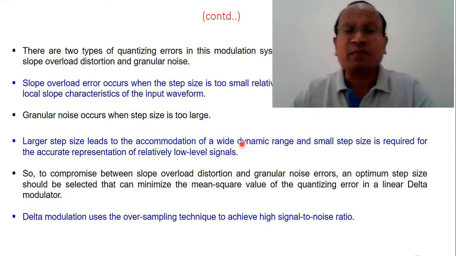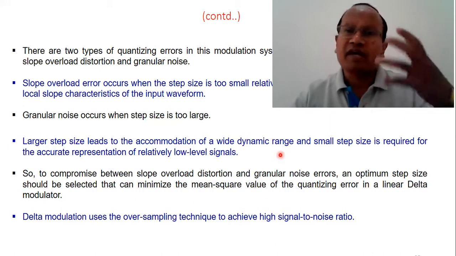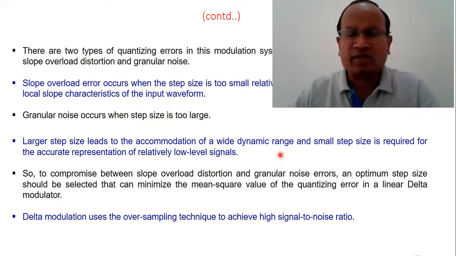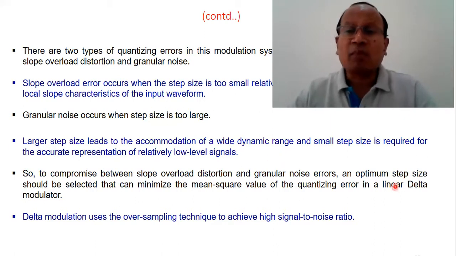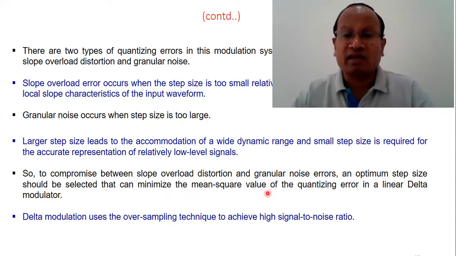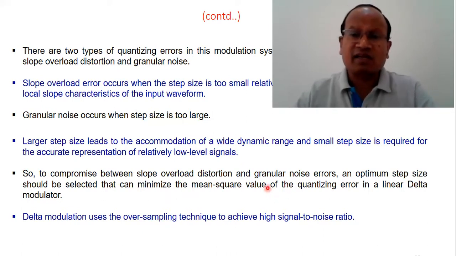So to compromise, so that we can avoid both slope overload distortion as well as granular noise, an optimum step size should be used so that we can minimize the mean square error of the quantization error in the linear delta modulator. Means what do we do?